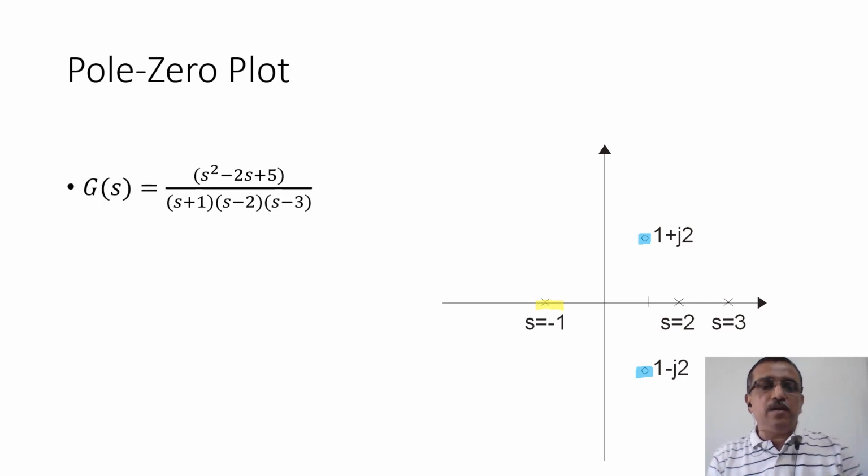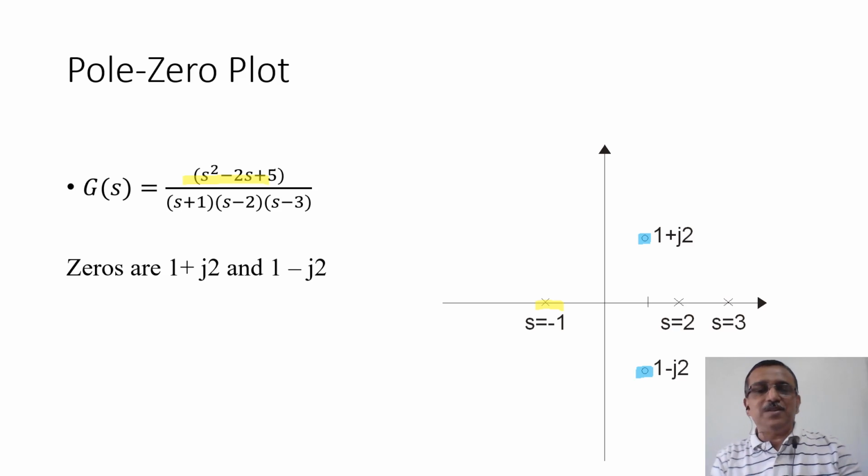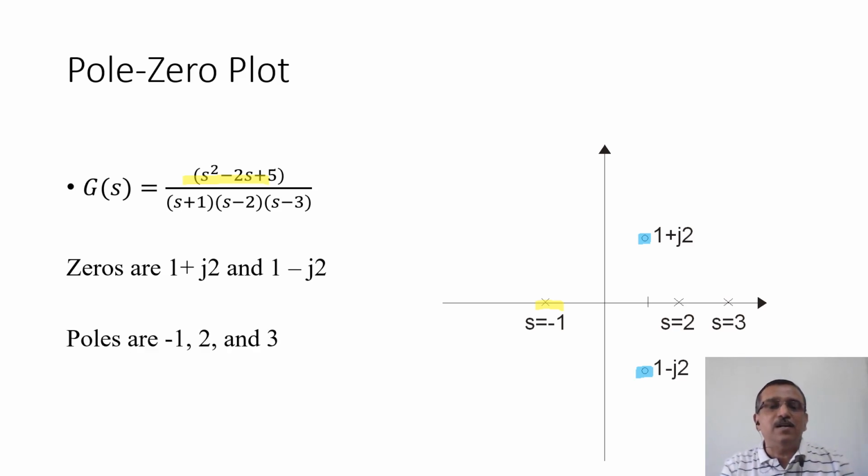So let us find poles and zeros. We have found the zeros are 1 plus j2 and 1 minus j2. It is marked here. Zeros correspond to numerator equal to 0, and poles correspond to denominator equal to 0. We have seen it as minus 1, minus 2 and 3.